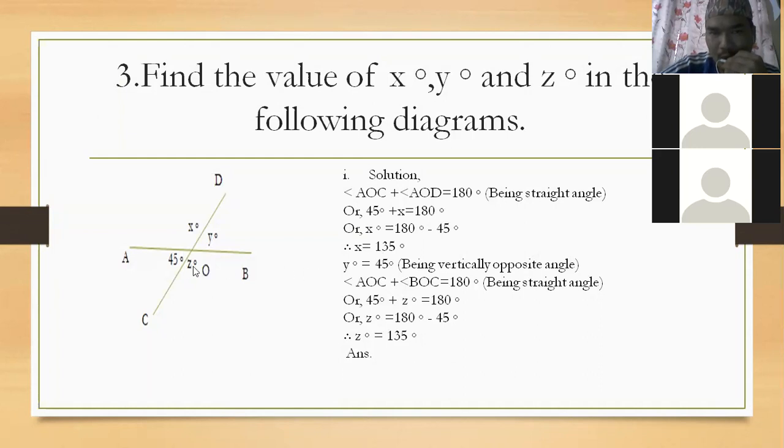And we know y degree and 45 degree are vertically opposite angles. That's why the value of y will also be 45 degree. Here angle AOC and angle BOC. Look here, angle BOC: this 45 degree and this z degree are also a straight angle. Then we find the z degree equals 135 degree.